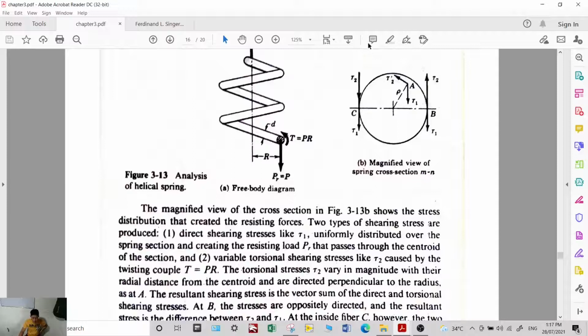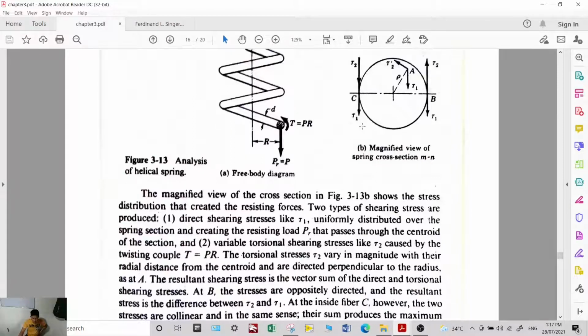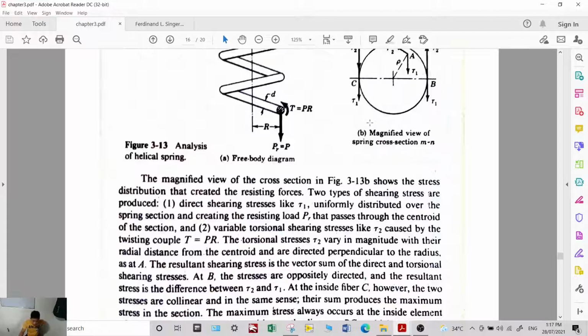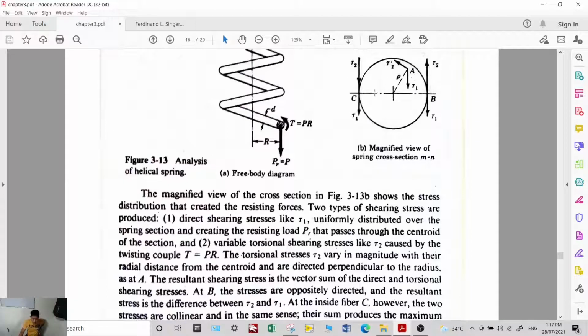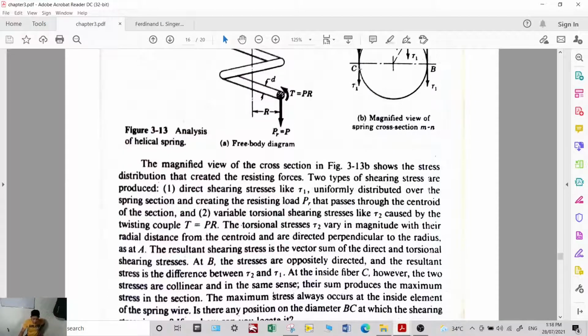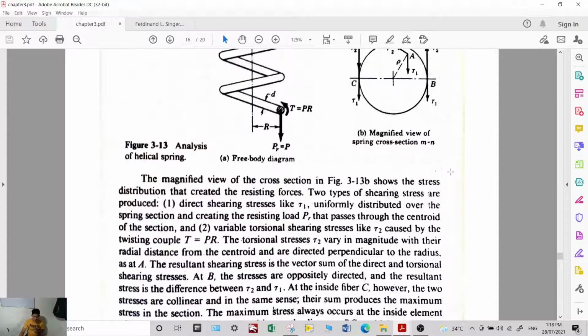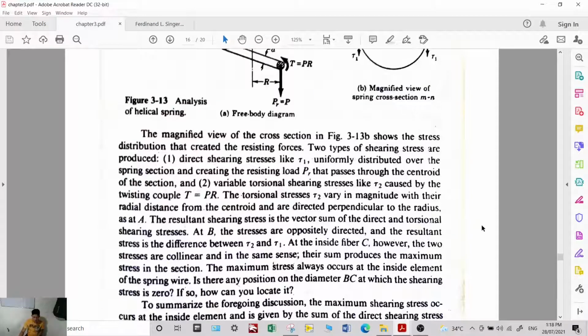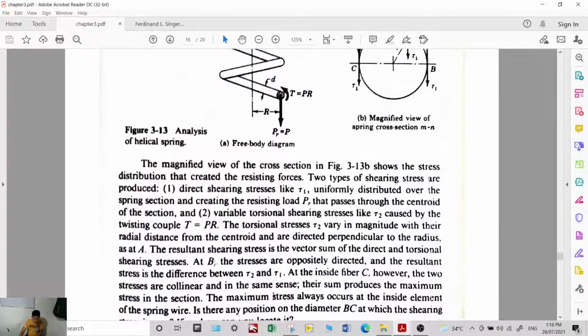Therefore, at the inside fiber the two stresses are collinear, in the same direction and the same sense. Their sum produces the maximum stress in the section.